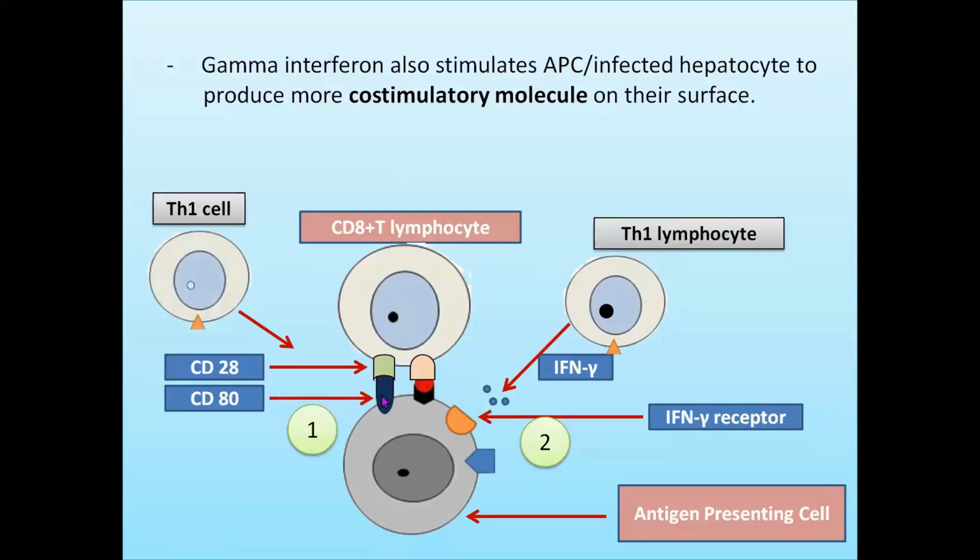So during antigen presentation, co-stimulatory molecule CD80 should bind to CD28, which is present on the surface of CD8 positive T lymphocytes. So in the absence of binding of these two molecules, CD80 and CD28, antigen presentation cannot occur.